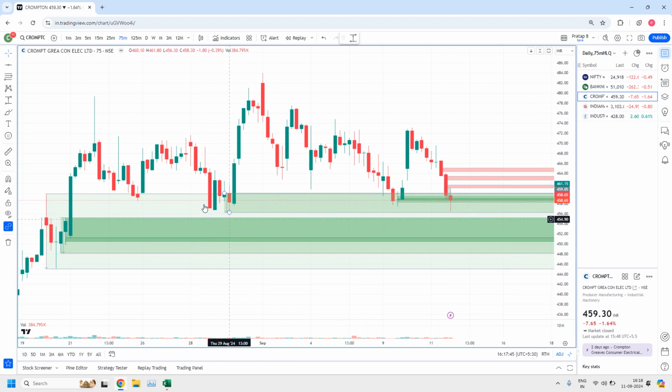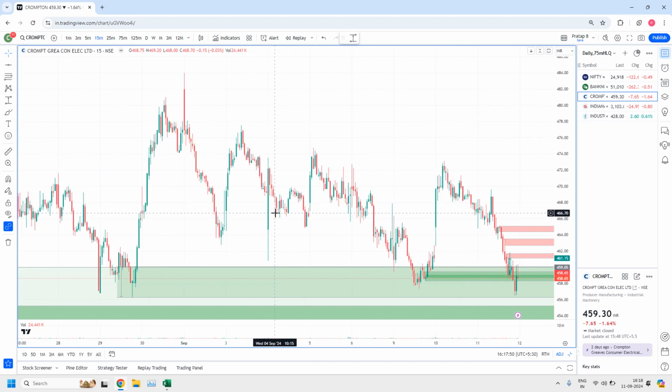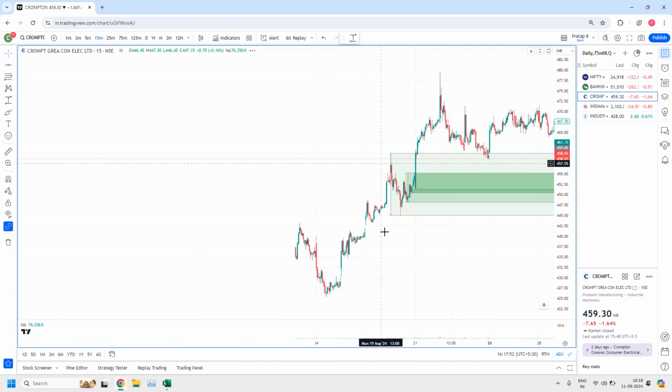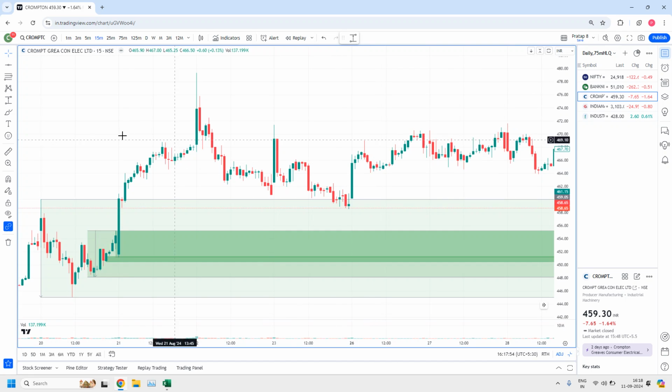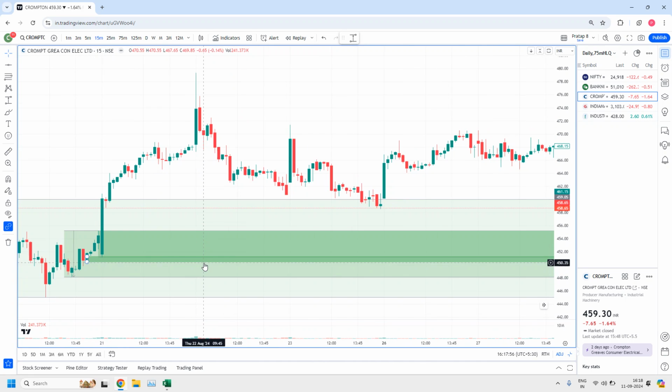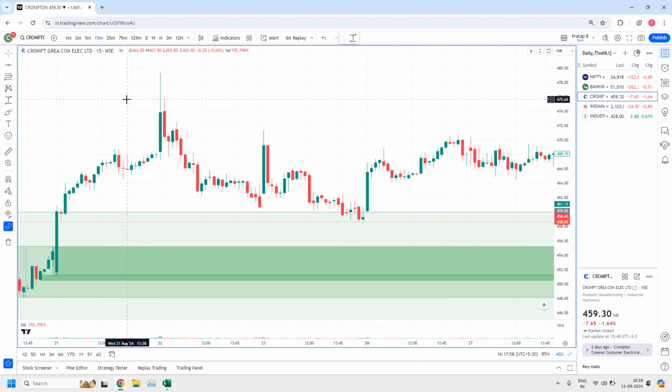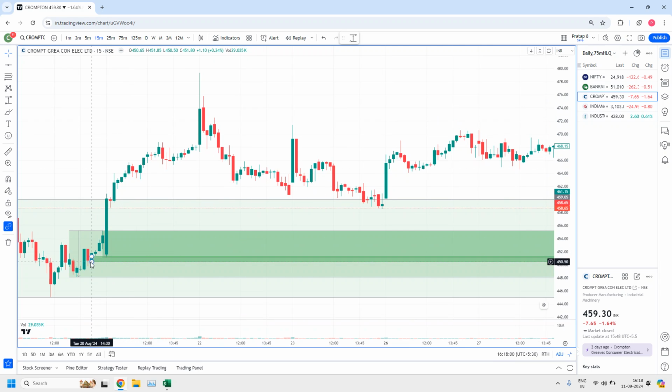So in these two 75-minute zones, again we need to fine tune with 15 minutes time frame. Let me first show you the bottom one. So here we have a rally candle, three base candles and a rally candle.